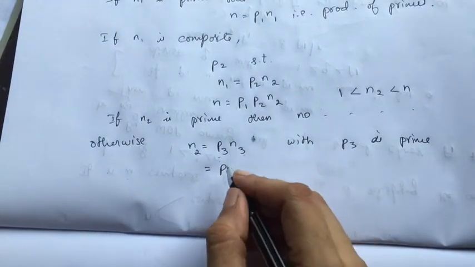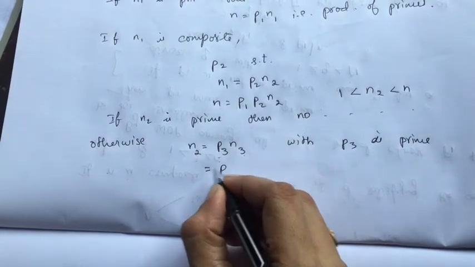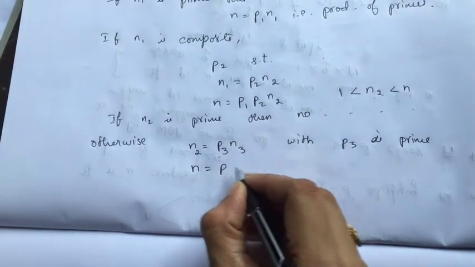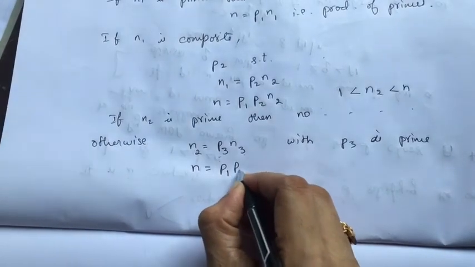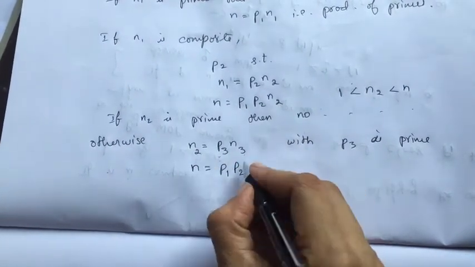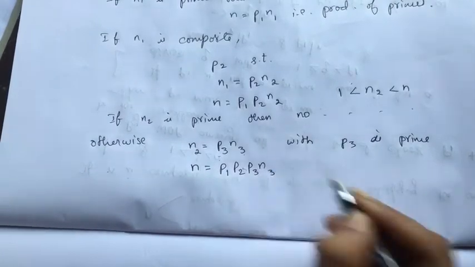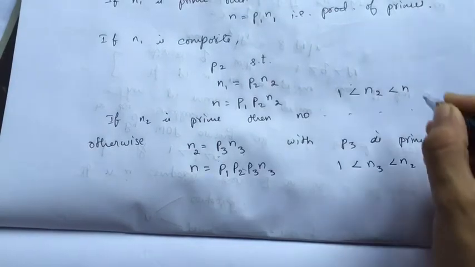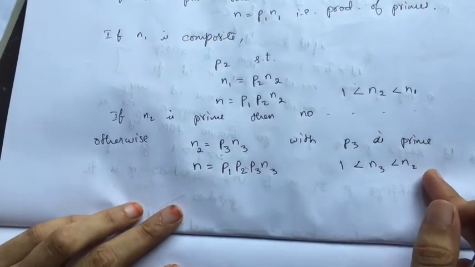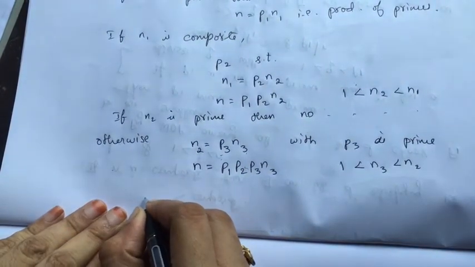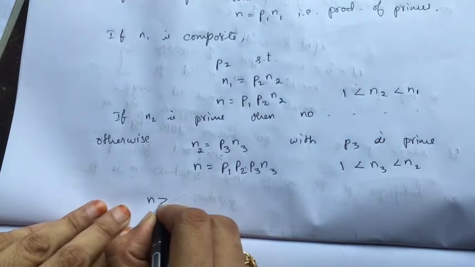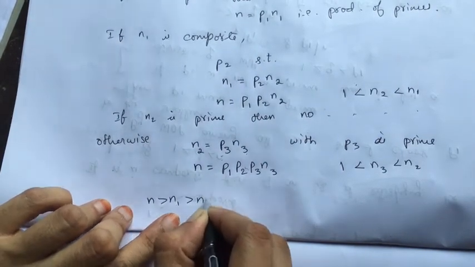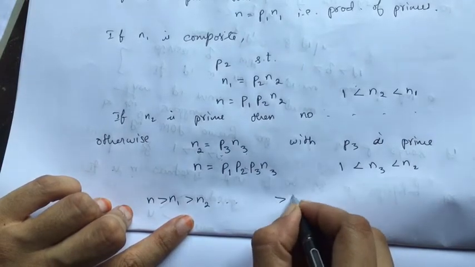N I'm writing in fact. N can be written as P1 P2. In place of N2 I can write P3 N3 with 1 less than N3 less than N2, less than N1, in fact. Okay, so this decreasing sequence goes on like N is greater than N1, greater than N2, like that, greater than 1.